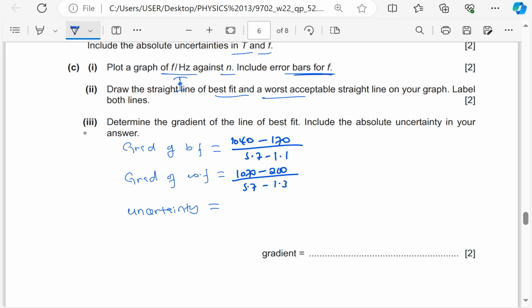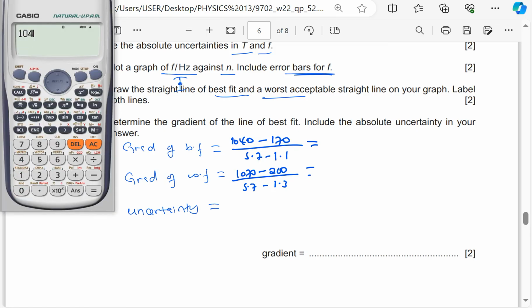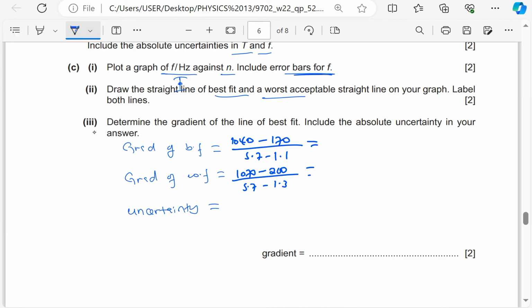So I'll just press my calculator. I think there was no power of 10, so I don't need to mind about anything. So 1040 minus 170 divided by 5.7 minus 1.1. So this is 189.1.